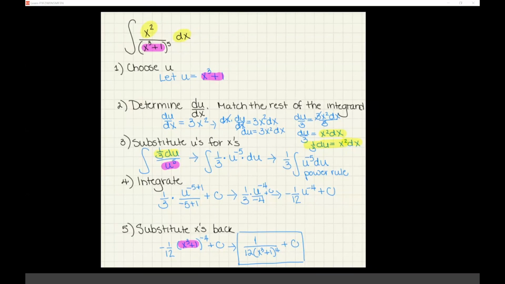As far as being able to do something like this, I could write it down here as 1/3 du without a denominator once I get this guy out and put him up here. So in all honesty, what I did here is I got rid of u to the 5th in the denominator, and now it's upstairs with the 1/3 du.